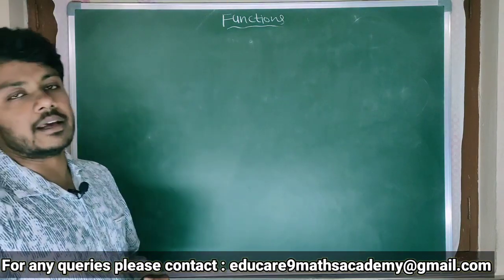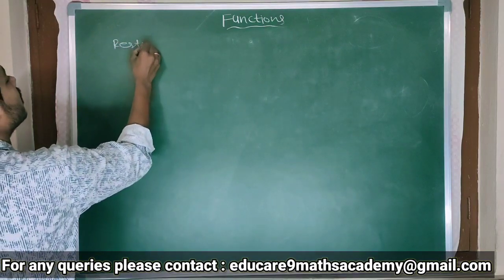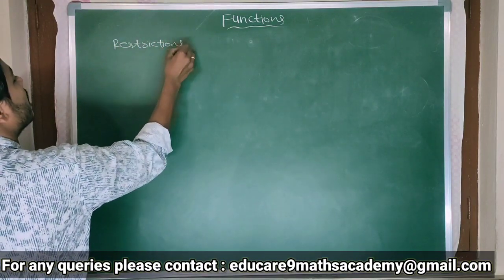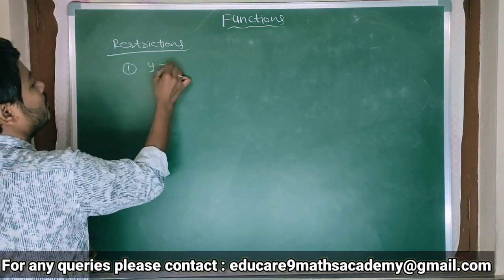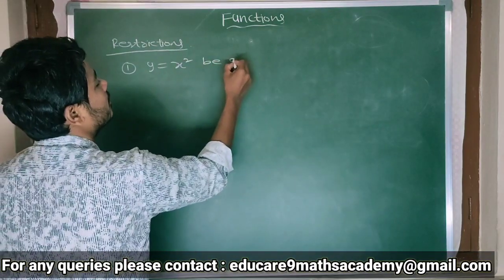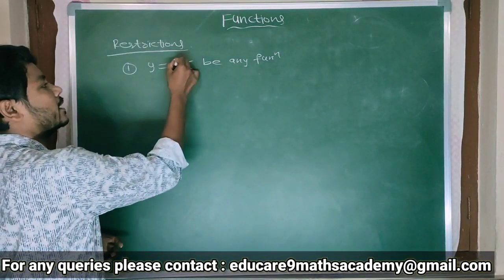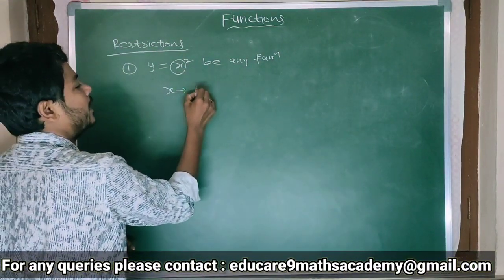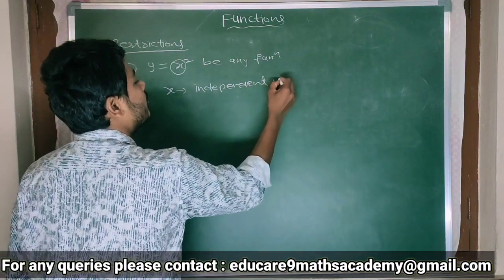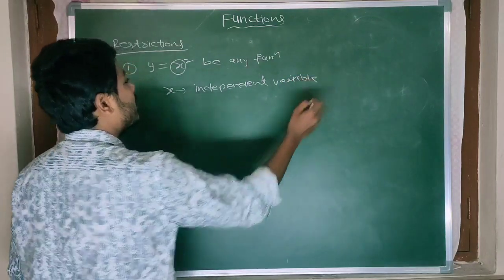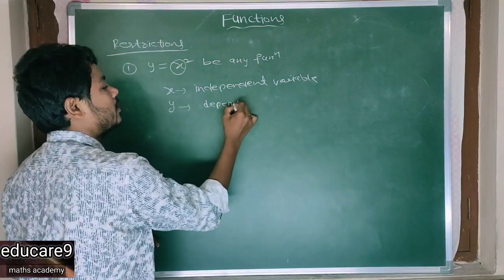Some restrictions are there in this function. So first one, y is equal to x square, be any function. Here x is what? Independent variable. And y is the dependent variable.